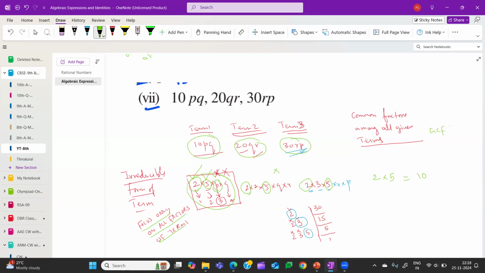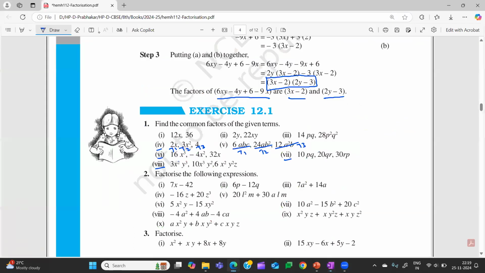GCF of 10, 20 and 30 is equal to 10. Like that, we can just find out. GCF or HCF. GCF means greatest common factor, or we can call it highest common factor. So this is how Exercise 12.1 can be answered.